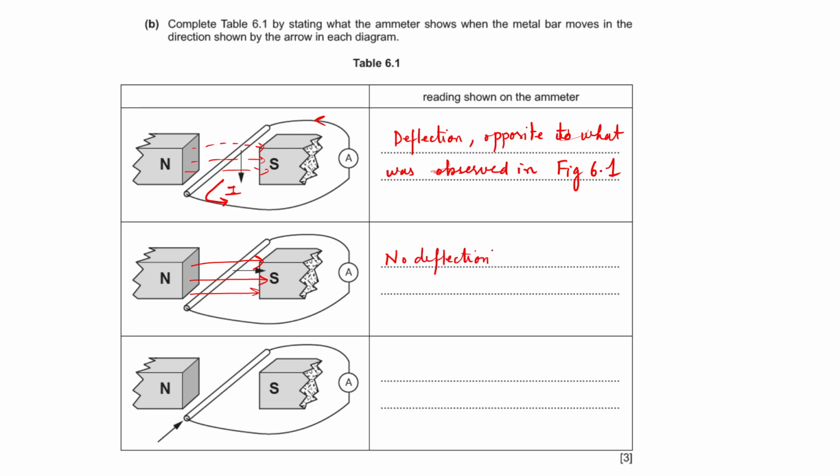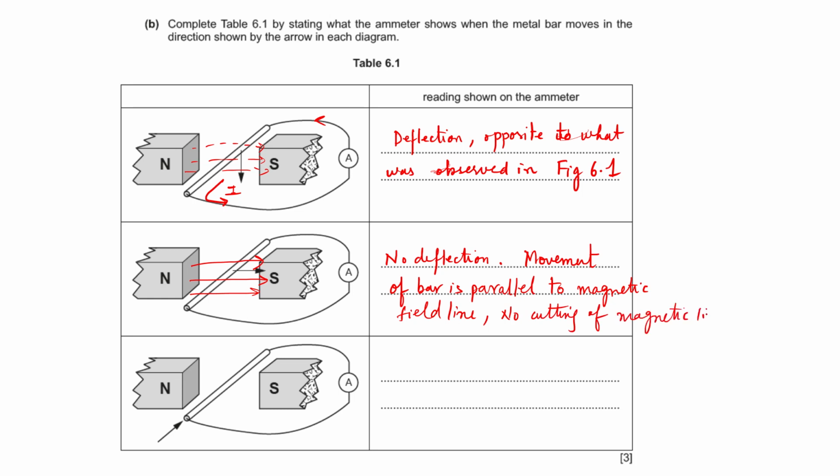The reason is no cutting of lines, or you can say that the movement of the bar is parallel to the magnetic field lines, no cutting of magnetic lines.